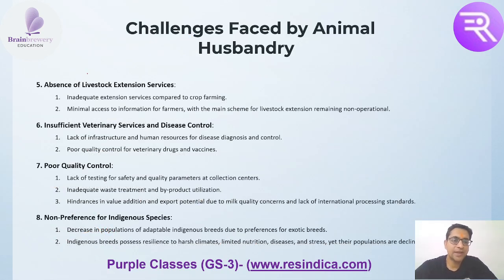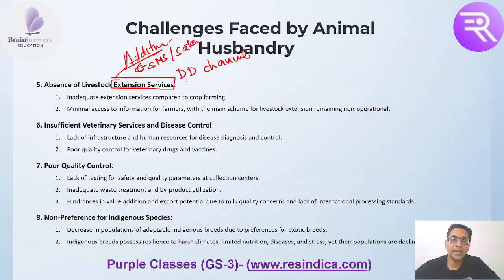Then the absence of livestock extension services. Whenever we say extension services, we mean providing the farmers and the people with additional government services, SMS based services, satellite based services, DD channel based services, for increasing productivity and providing better information to the farmers.